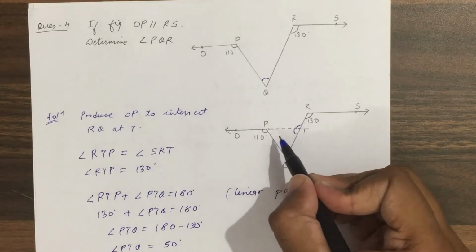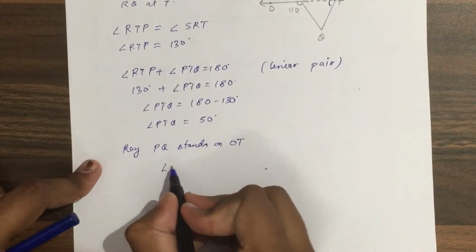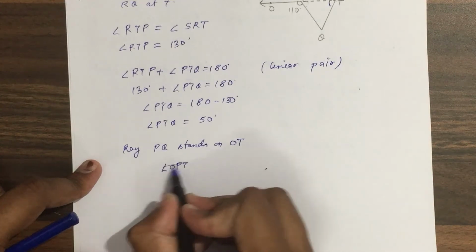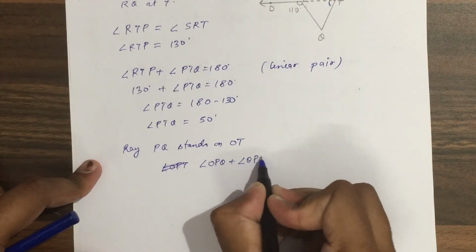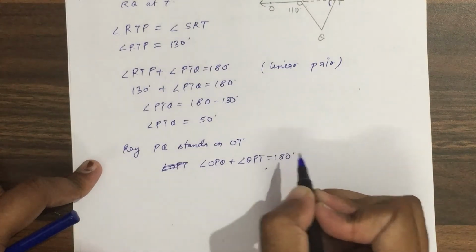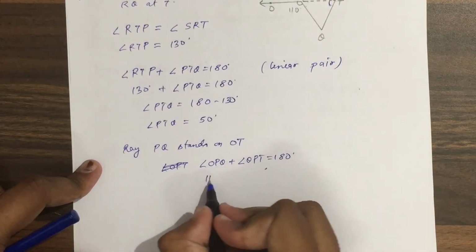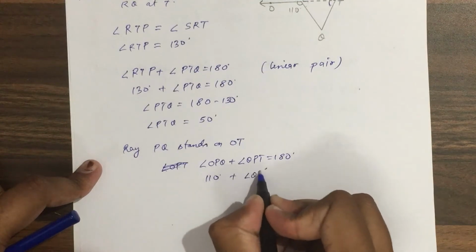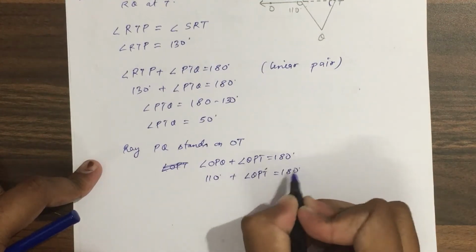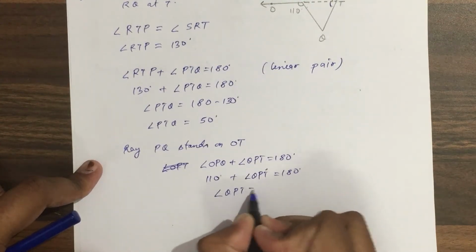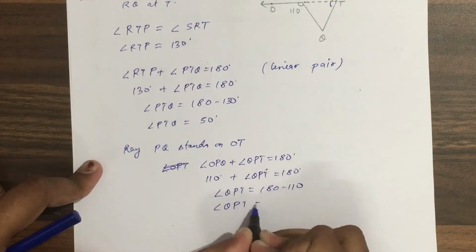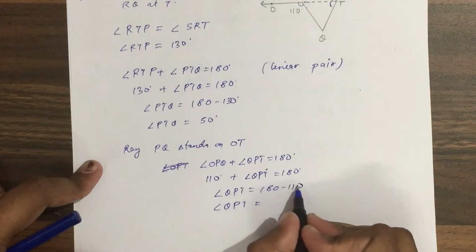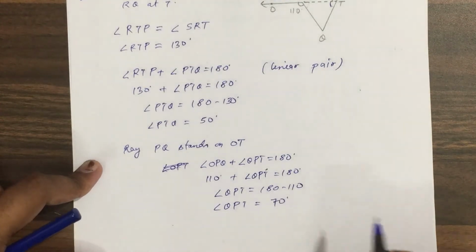This angle and this angle will be equal to 180 degree. Okay. So angle OPQ plus angle QPT will be equal to 180 degree. OPQ is given to you as 110 plus angle QPT equal to 180 degree. So angle QPT will be equal to 180 minus 110. So angle QPT equal to 70 degree.